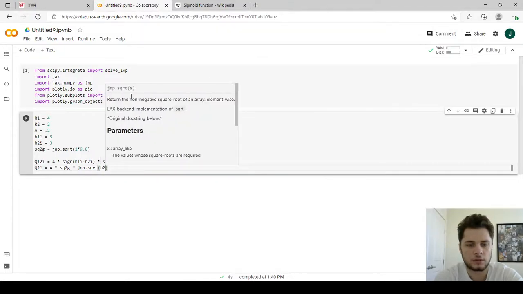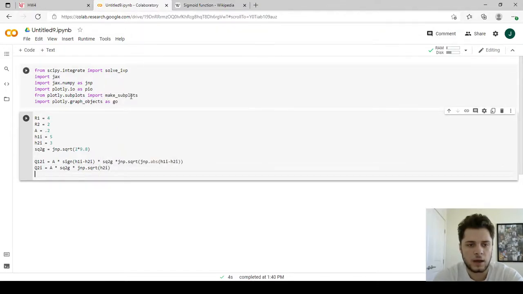And then we were also able to derive and find our initial inlet flows. So Q1Ni we knew was equal to the flow leaving tank 1, so Q12I.